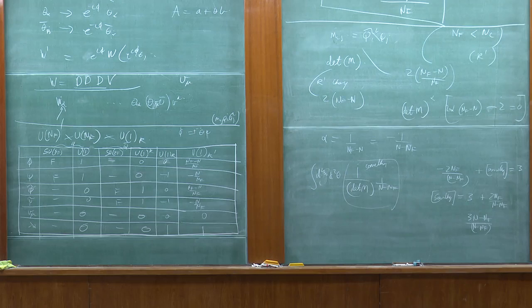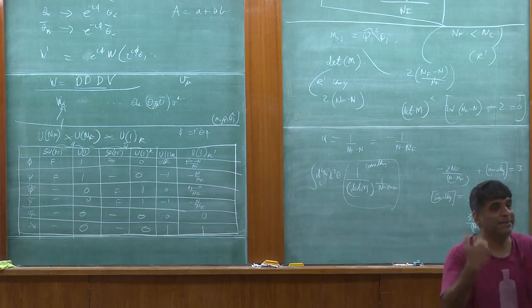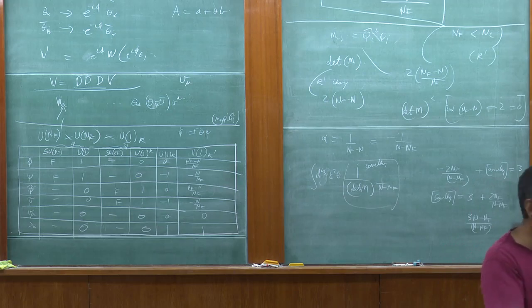So maybe that qualifies for the confining range. Nevertheless, whether confining or not, the one loop beta function induces a scale in the problem. In the case of QCD, we call that scale lambda QCD.